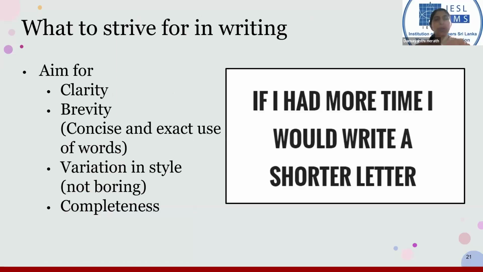As Mark Twain once said, if I had more time, I would have written a shorter letter. When you write too-long sentences, or when someone talks too long, it means they don't understand the topic as much as they claim.